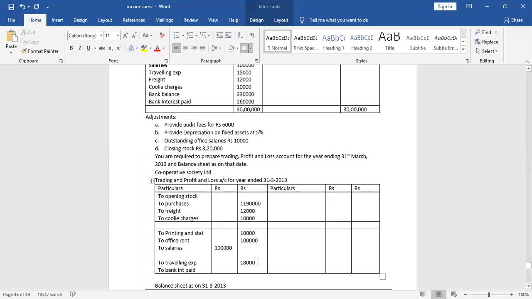Bank interest paid is how much? 2,60,000. Now all the debit side items are done.